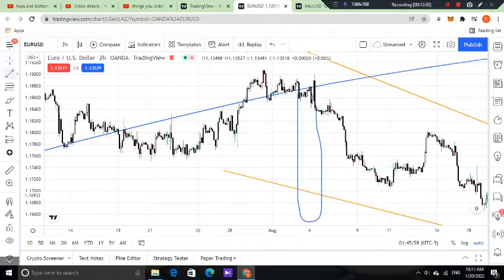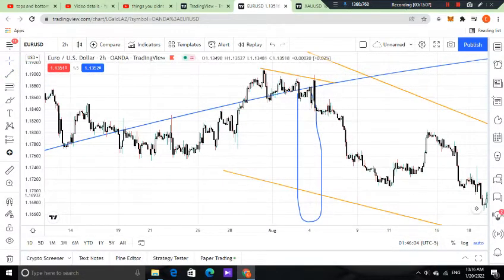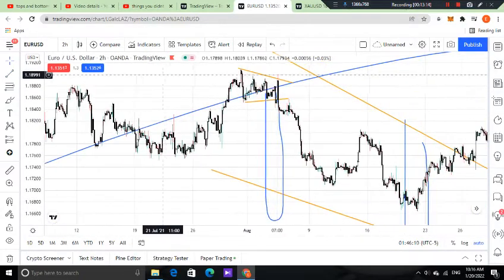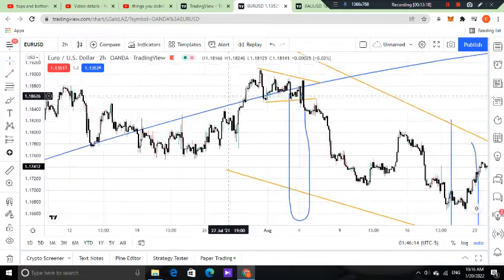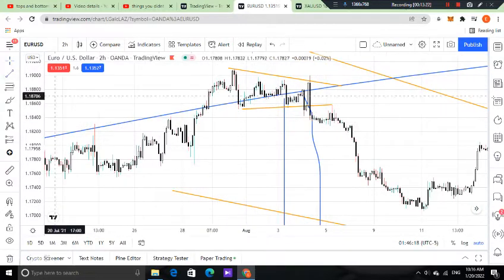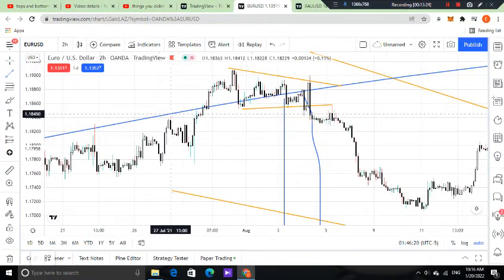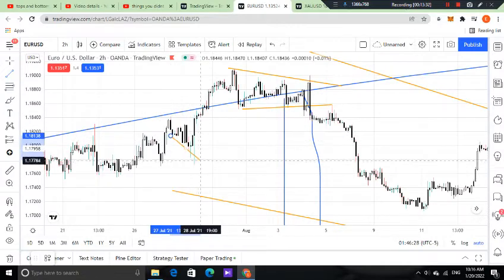What about here? We have a wedge bottom here, and it's more like a triangle. I don't know. It's a pattern, but we have this bear breakout, and here 3 pushes down.